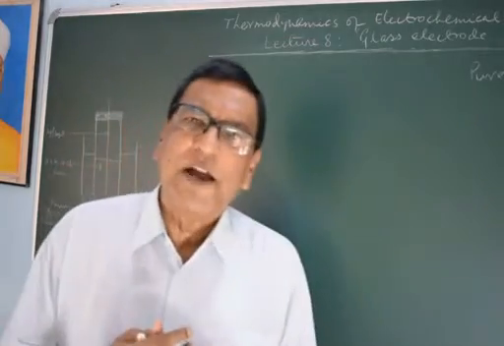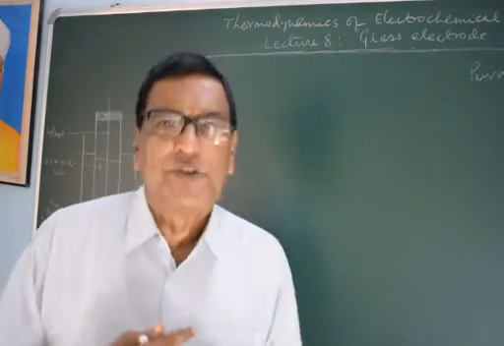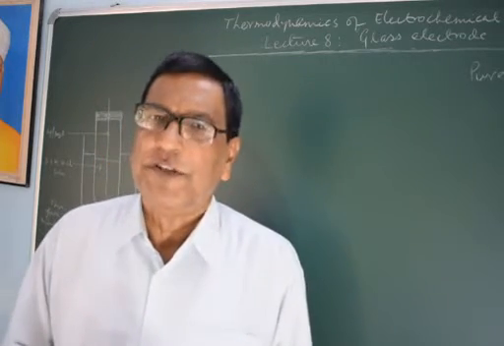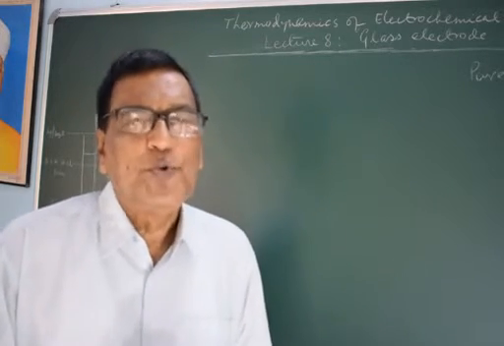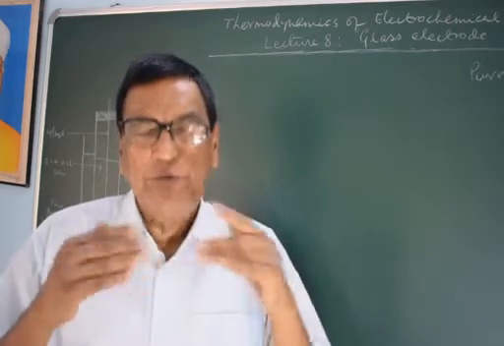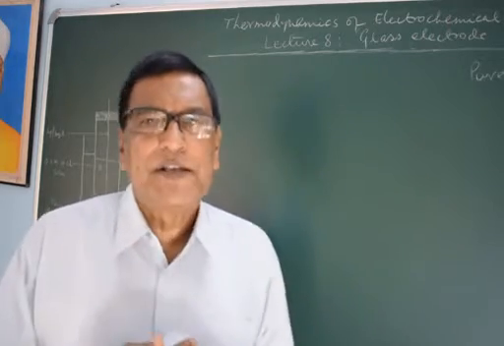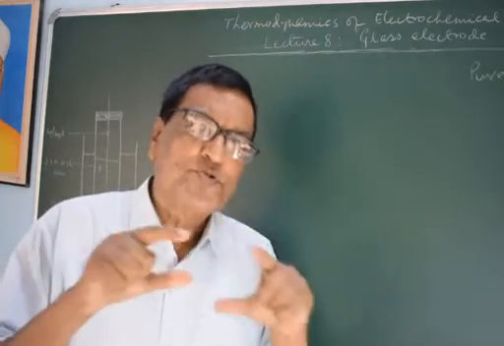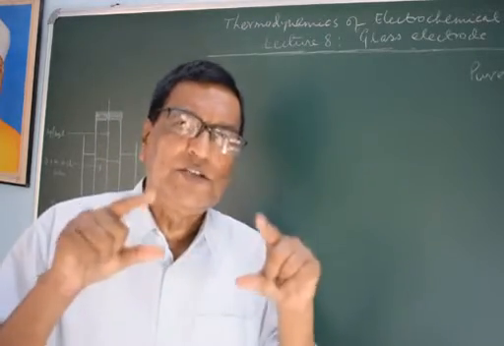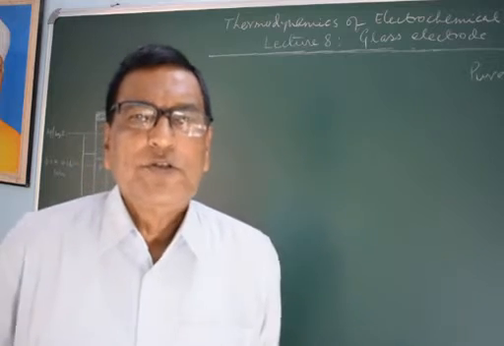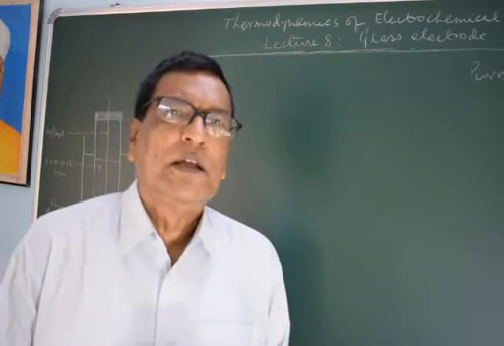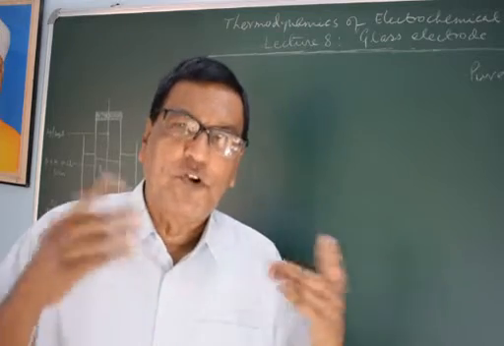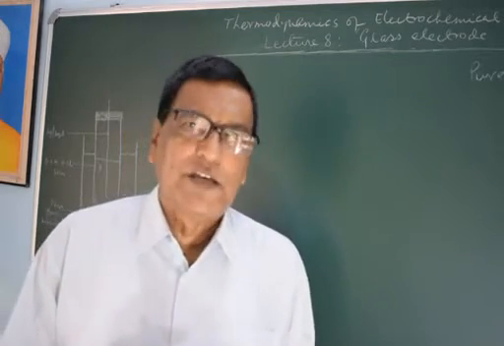The concentration of hydrogen ions, and hence the pH of the solution, could be determined by means of a glass electrode very safely and accurately, with an accuracy of plus minus 0.5, and it can be used to determine the pH of a solution from 0 to 12, and it may extend to 0 to 14 with a special type of glass.